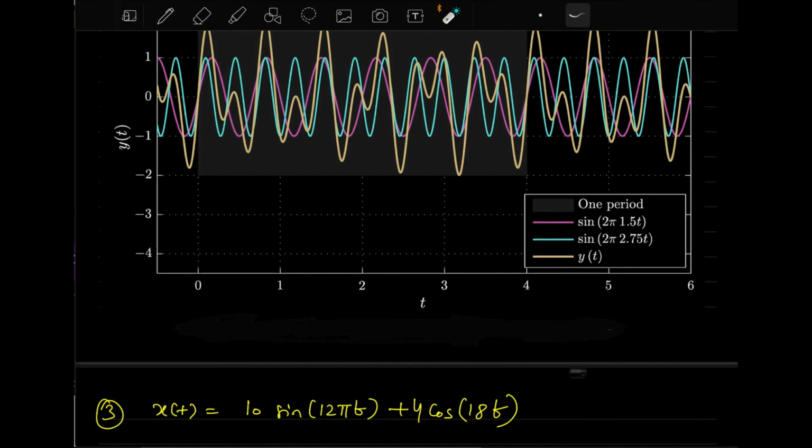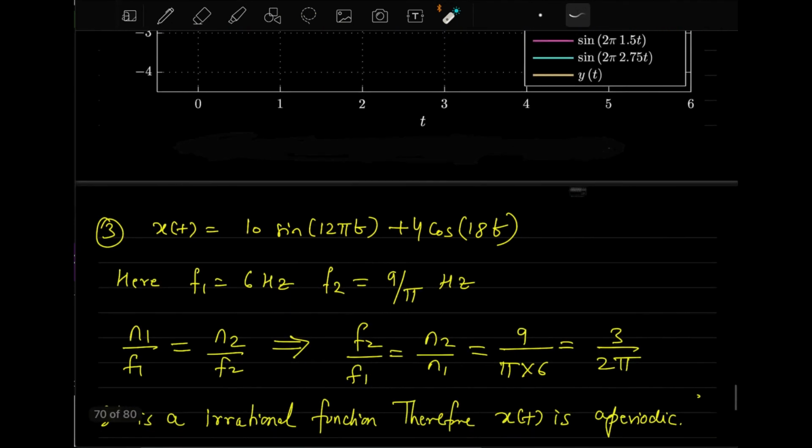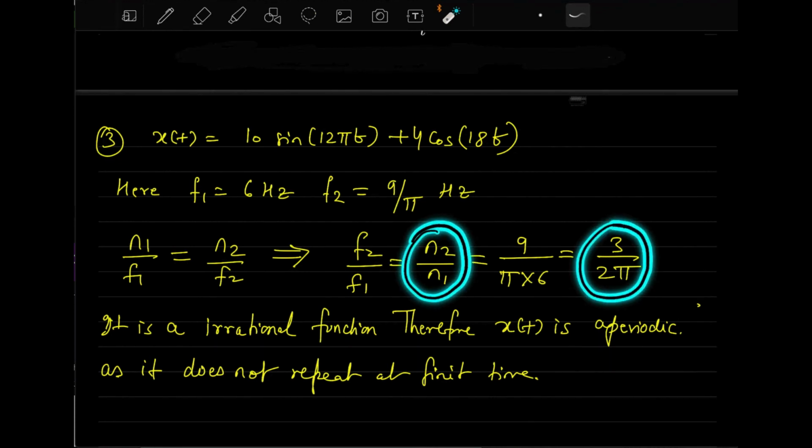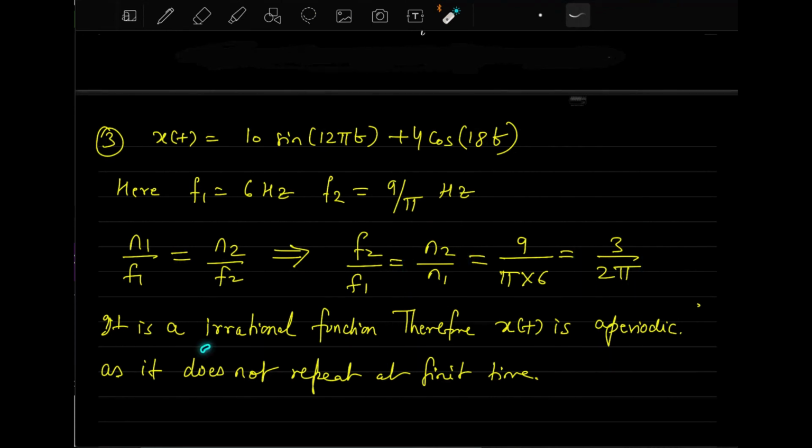If you see here, we have this signal. So if you do the analysis as discussed, what you will get is the ratio of the two factors n2 and n1 will be 3 over 2 pi. It's an irrational function, and you see that pi value is not finite, it has a value of 3.14 and it keeps on going.